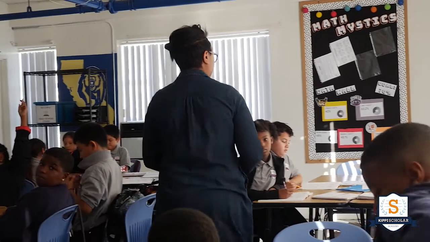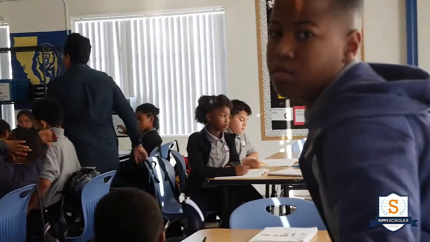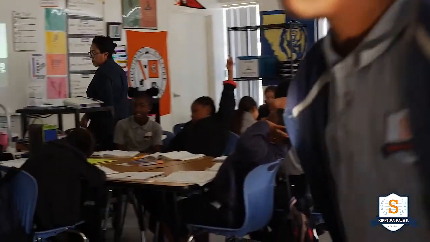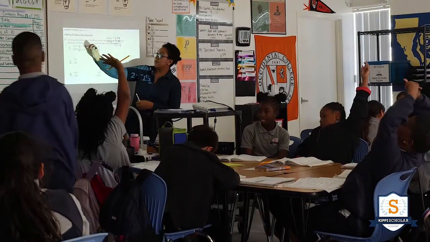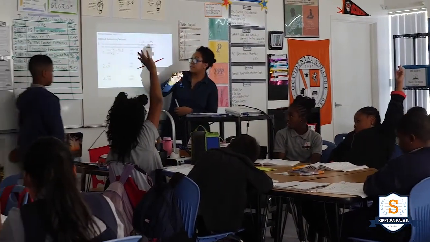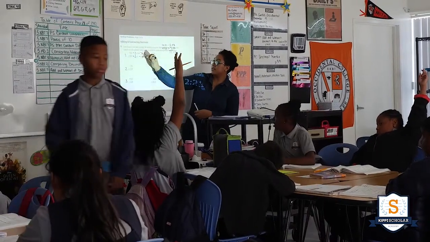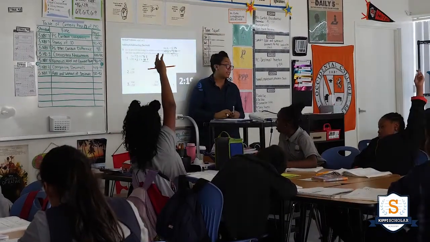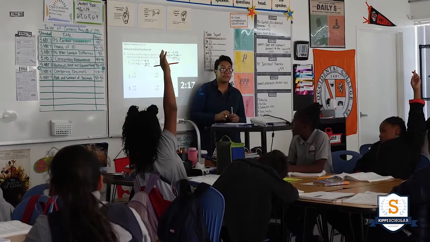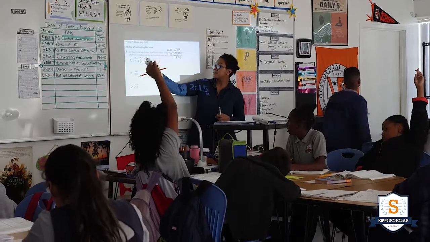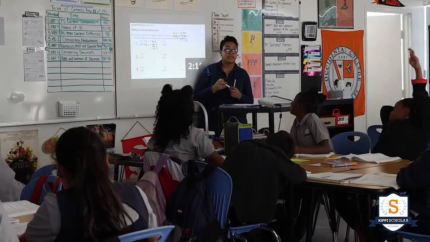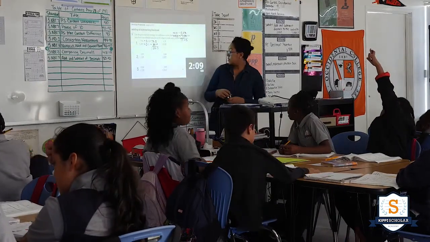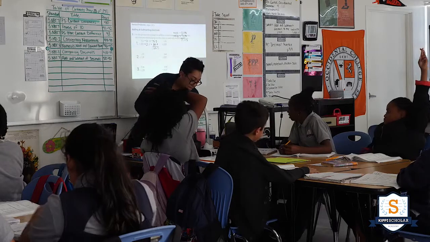Plus 30. Alright, so she got 75 and 5 tenths plus 30 and 0 hundredths. So the final answer, Daniela, that you got was what? It's 105 and 5 tenths. 5/10. Alright.